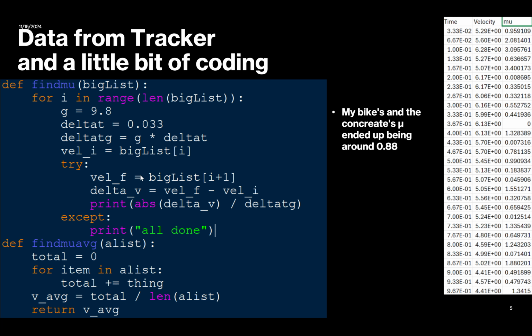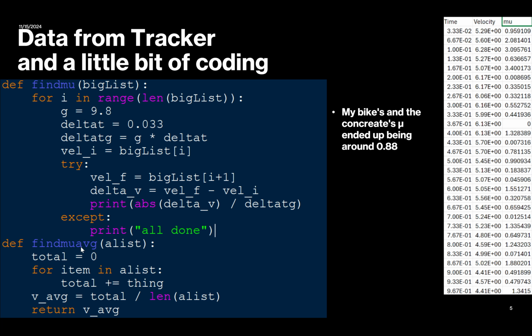I assigned my variables to what they were supposed to be. Delta t, the difference between all of these, is 0.033. And then I did some math and printed out what my delta v divided by my delta t times g ended up being, and that's what you see over here in this far right column.